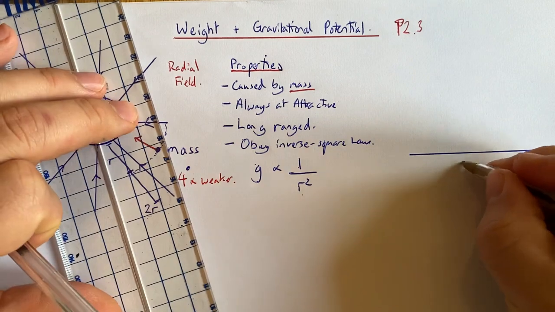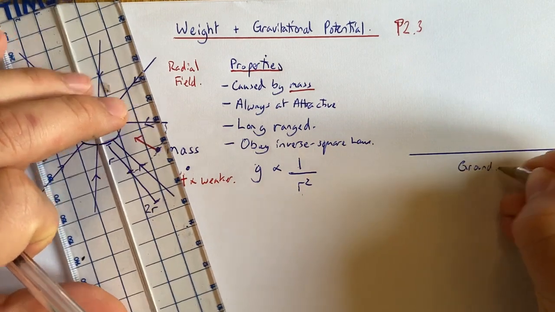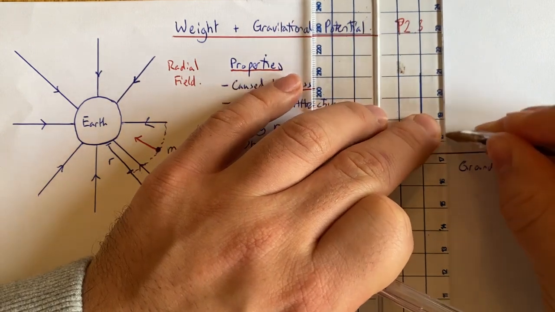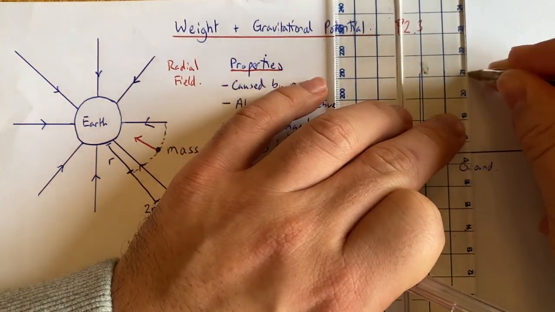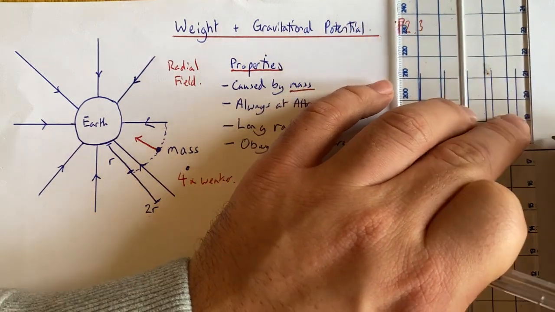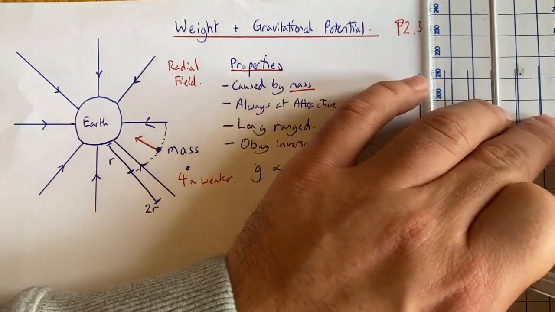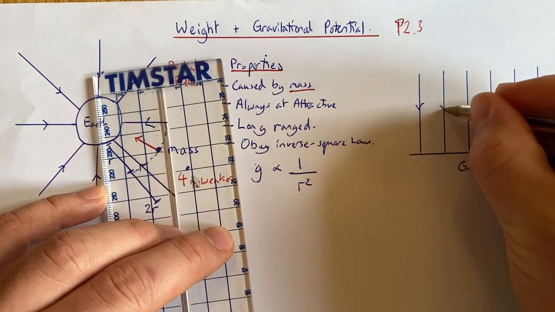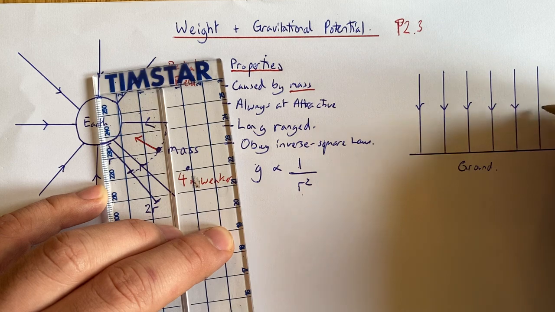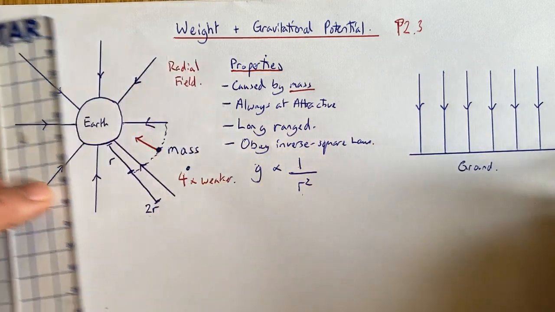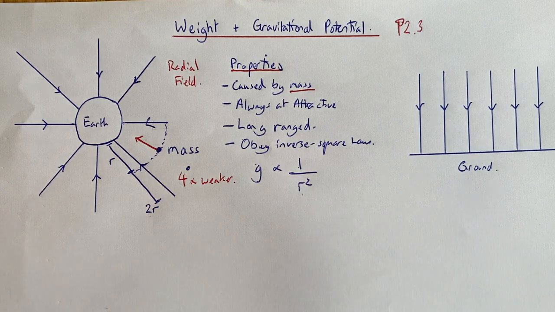But in the lab, if we think of this as the ground, then if I was drawing the Earth's gravitational field in the lab, it would look slightly different. We would draw the gravitational field as looking like this. Because on short distances, like we have in the classroom, the gravitational field is constant everywhere inside the classroom.